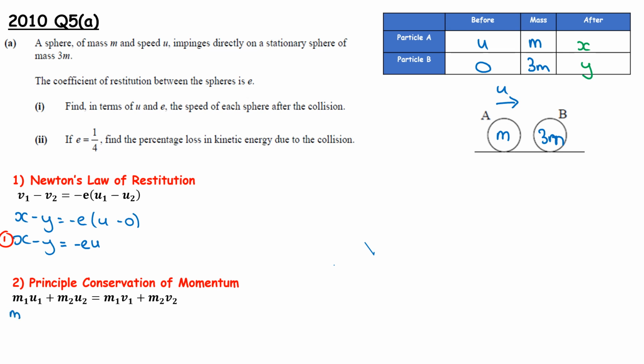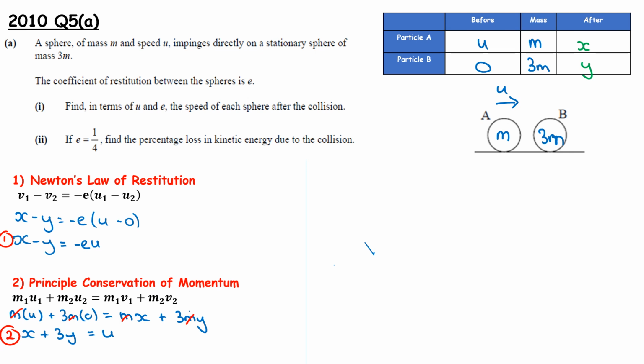And that is m times u plus 3m times 0 equals m times x plus 3m times y. Now there's an m in all terms, so we can divide across by m, and we get, changing it, x plus 3y is equal to u, and that's equation 2.